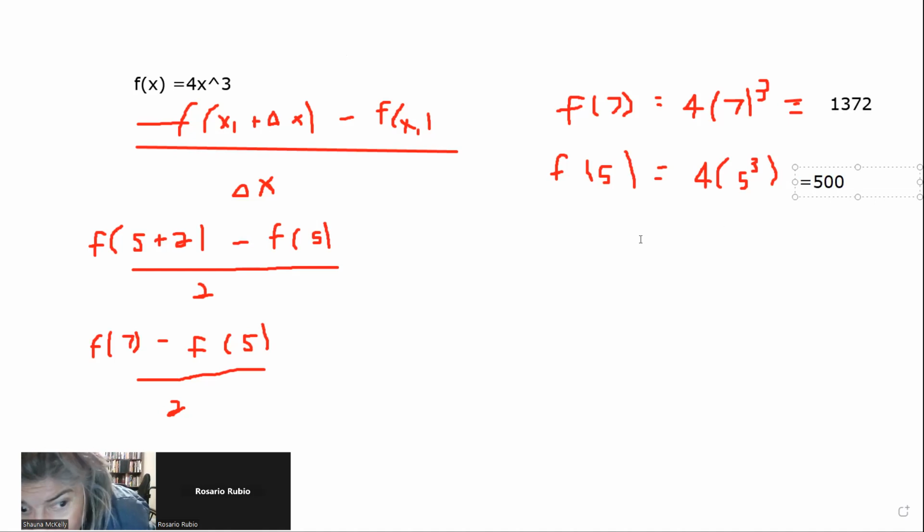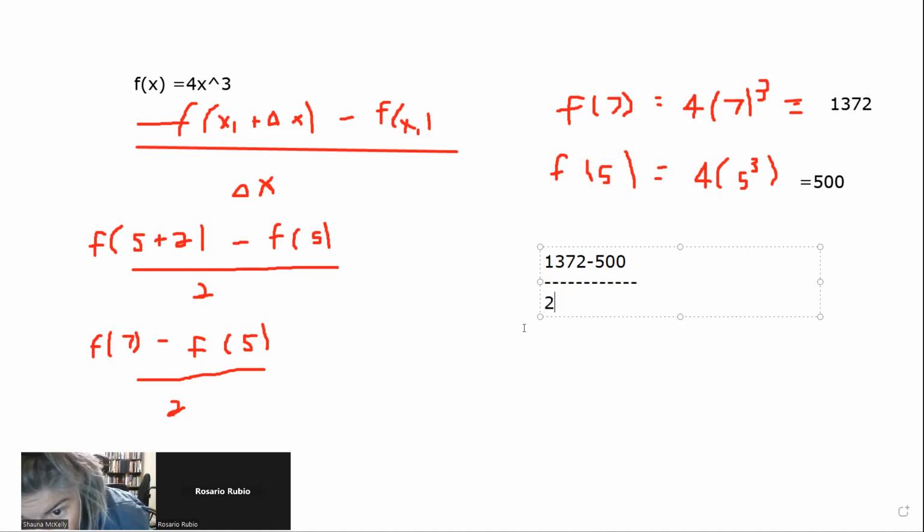This is very reminiscent of the 4-step process right here. It doesn't look like it, but it is. It is because you have to do the difference quotient. Yeah. And then you're going to say, well, that's 1372 minus 500, all divided by 2, because delta x is 2 units, right?